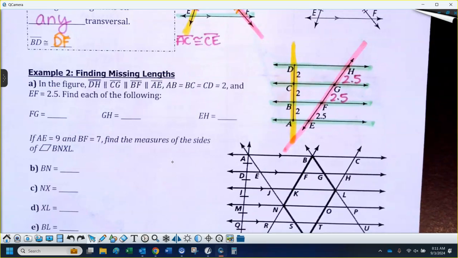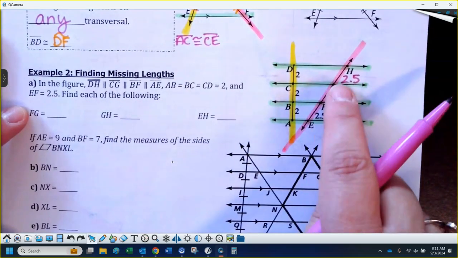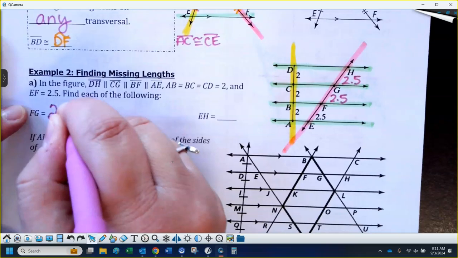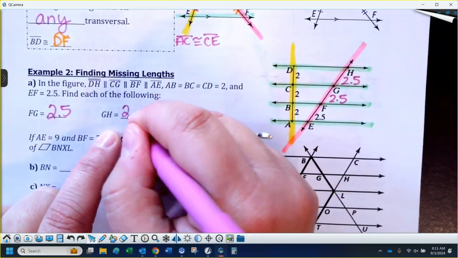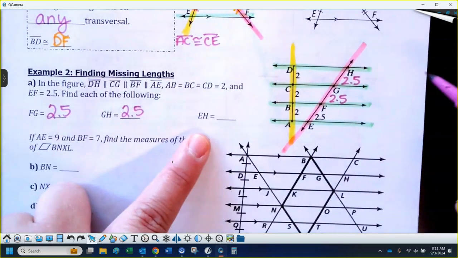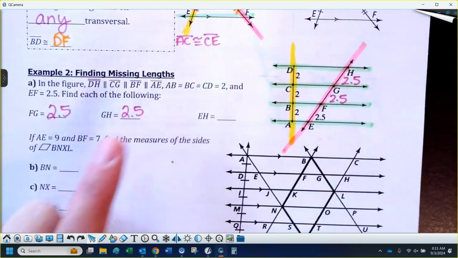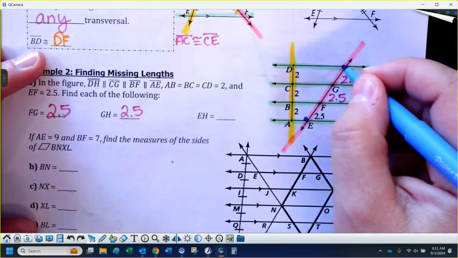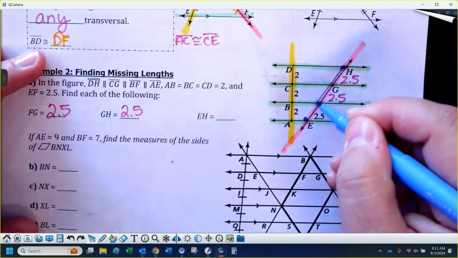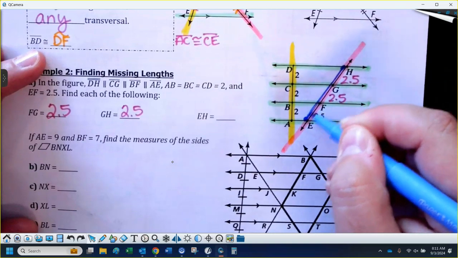And then the question's just going to ask you, okay, tell me the length of some of these segments. So if you wrote it in, just go back to the diagram. So F to G, 2.5. G to H, just wrote that in there, that'd be 2.5. Now, E to H. So here's E, here's H. What would the length of that segment be?